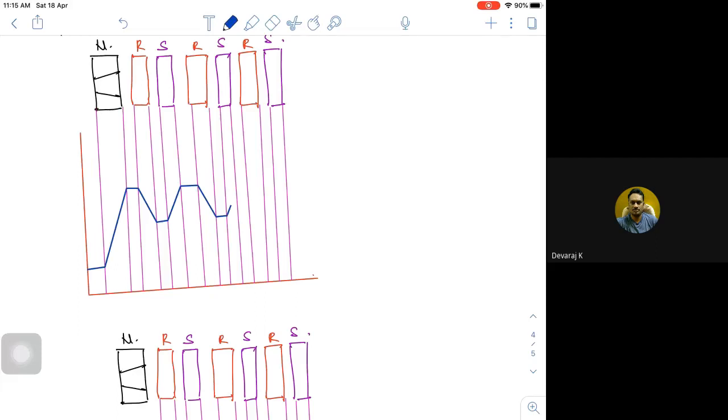Then once again its value increases. Then it remains the same. Then it gets expanded in the rotor. Then it remains the same and comes out at your exit. So this is your entry and this is your exit.